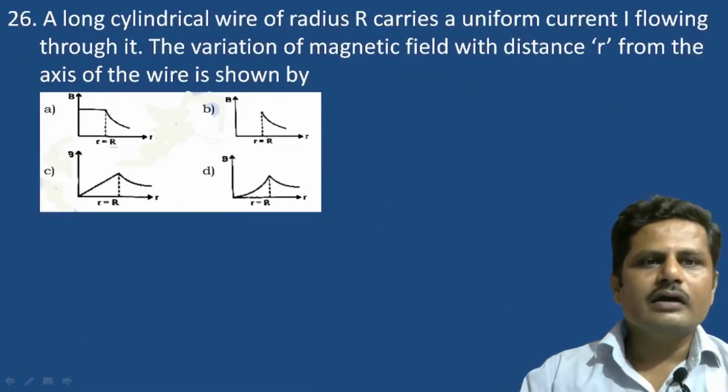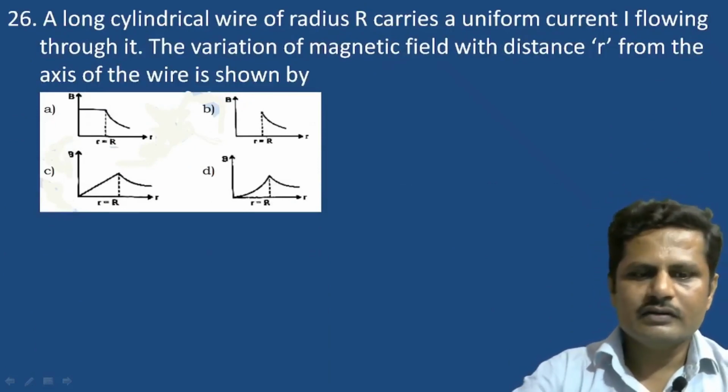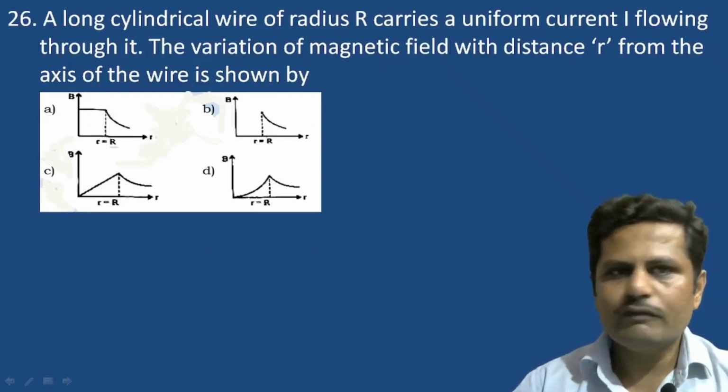That is, a long cylindrical wire of radius R carries a uniform current I flowing through it.